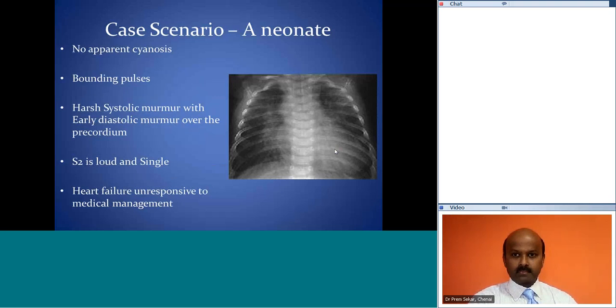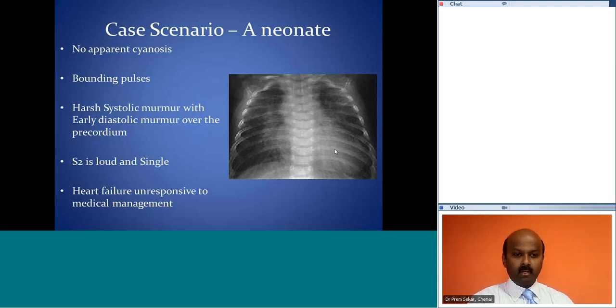So this is a neonate who presented with no apparent cyanosis, was quite tachypneic, and had intercostal and subcostal recession, flaring of the alae nasi, head bobbing, all features of distinct respiratory distress, had bounding pulses, and on auscultation had a loud and single S2 with a harsh ejection systolic murmur and an early diastolic murmur over the precordium.